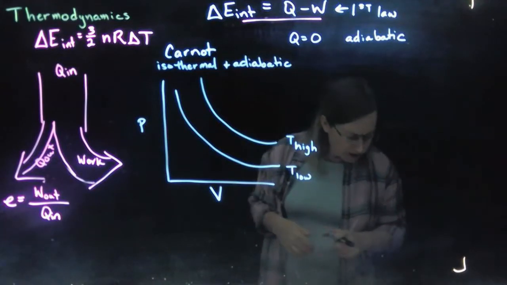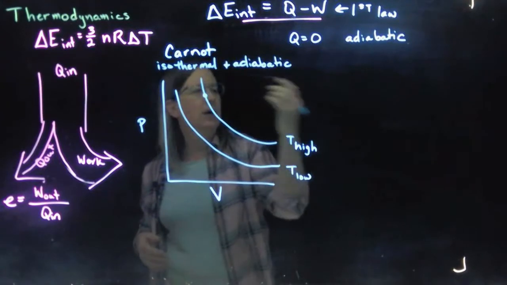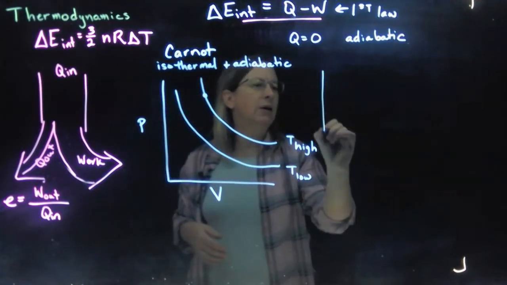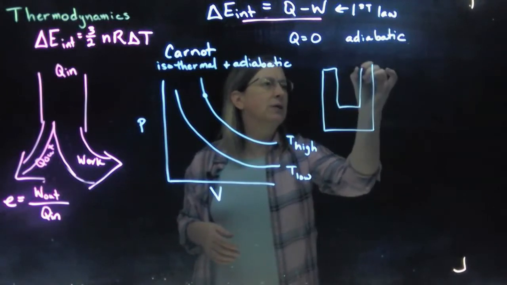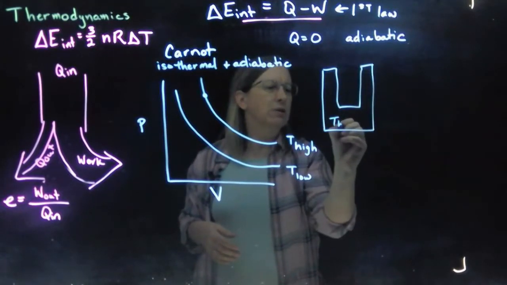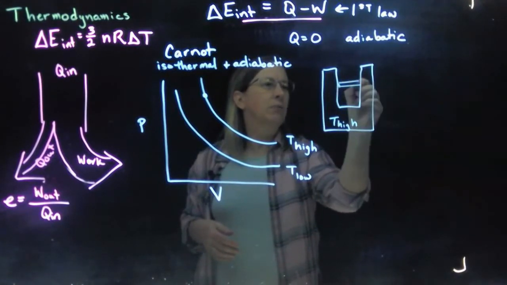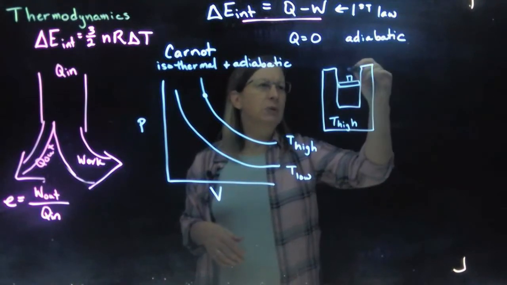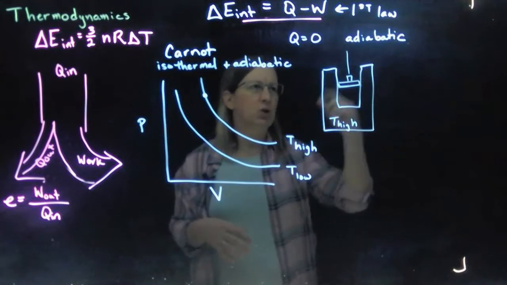And so the first step will be, if we take our container and we put it in next to this high temperature reservoir, okay? So we have our gas with a piston that can go up. This is the typical situation. You can think of this piston as being attached to a gear or a wheel that's turning around.